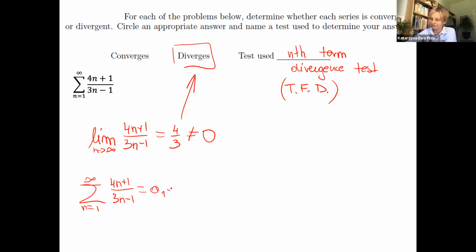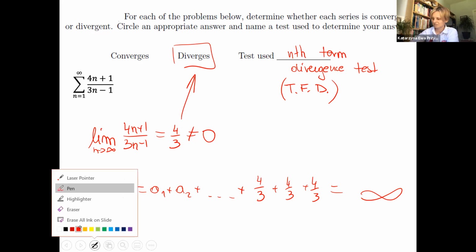We will have the first term, we will add the second term, and then we will keep adding terms which are almost that. Of course, this will be huge. That sequence is convergent to 4 over 3, but the summation of 4 over 3 has no finite limit. Really good.